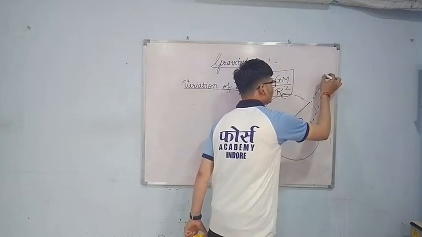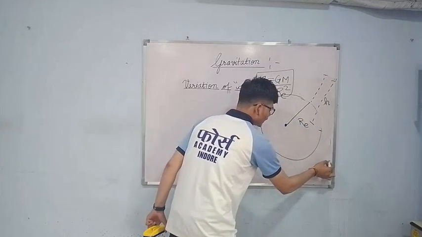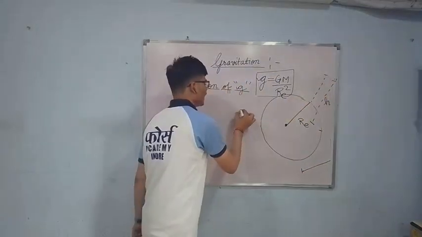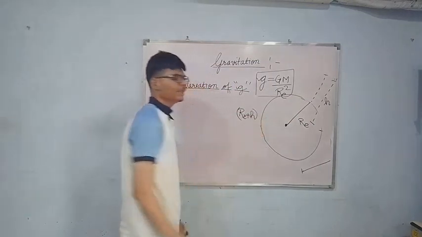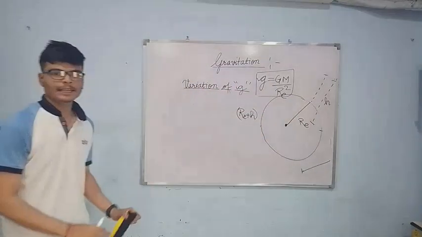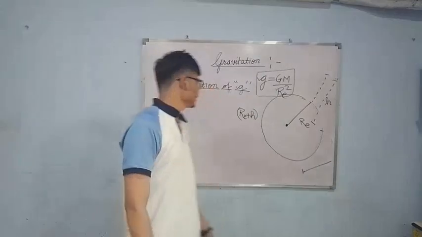The object is taken up to h height, so this total distance will be R_e plus h. R_e plus h will be the effective distance.